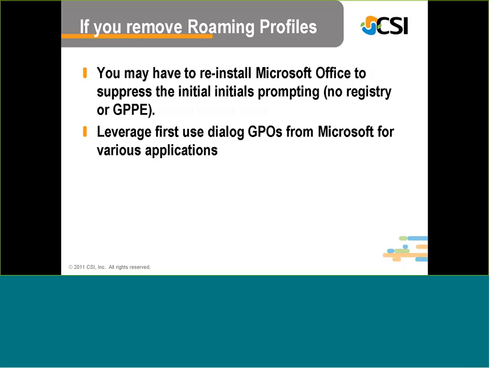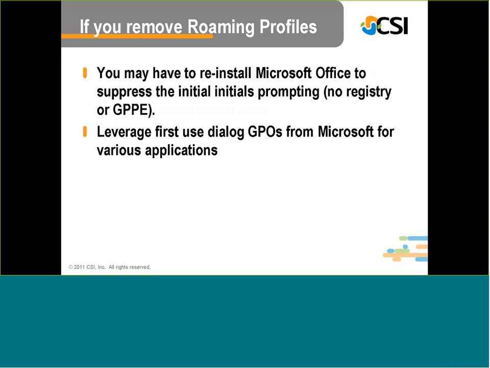The problem you get into is when you remove the roaming profile, if you're moving around. So Johnny's in the lab and sits at workstation 3, now they're in the library and they sit at workstation 5, now they're in the tech class and they're at workstation 7. What happens is all that first use stuff has to happen. The default profile has to be copied to their profile on the workstation.